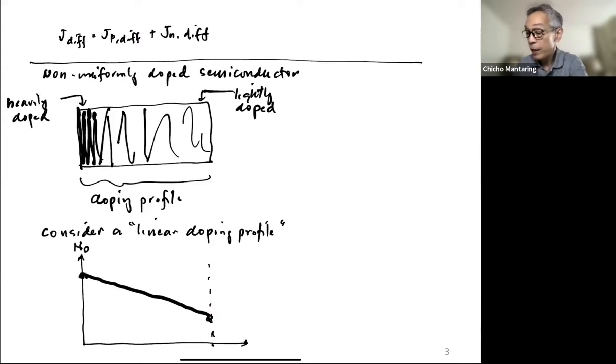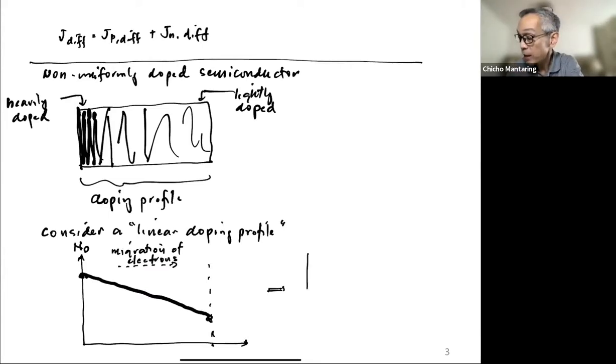And therefore, there's going to be a migration of more electrons on the left side than on the right side. So there's going to be a migration of electrons this way. So what will happen if the electrons migrate?